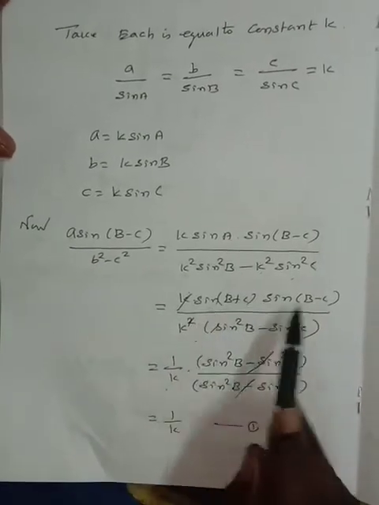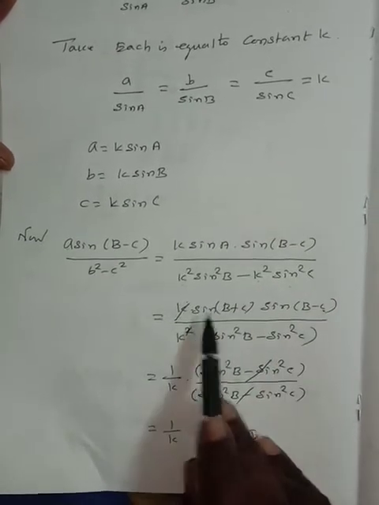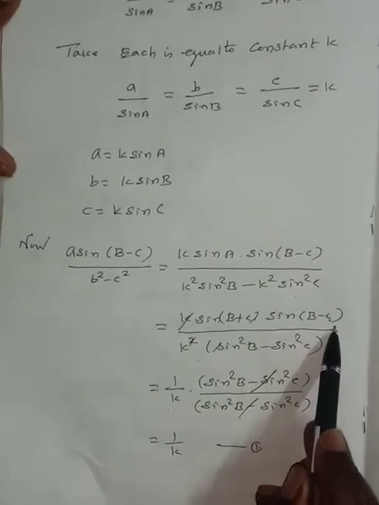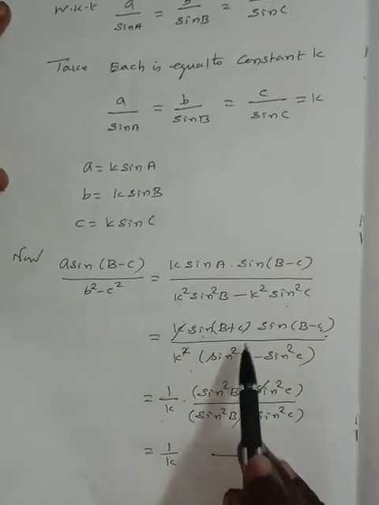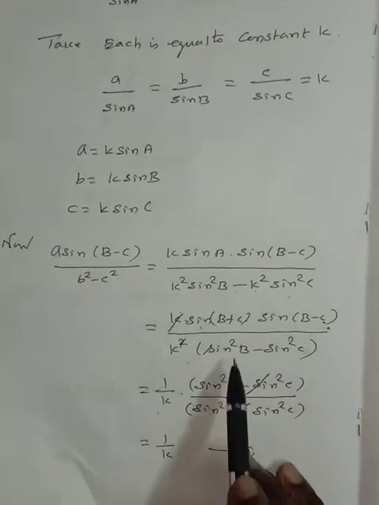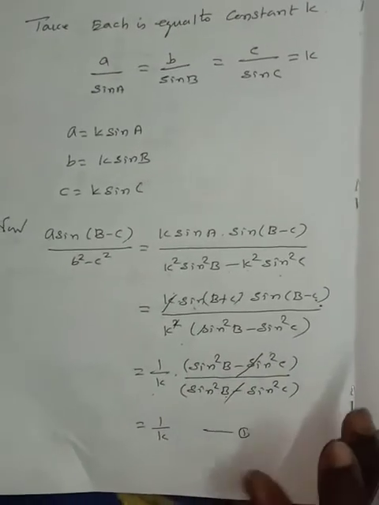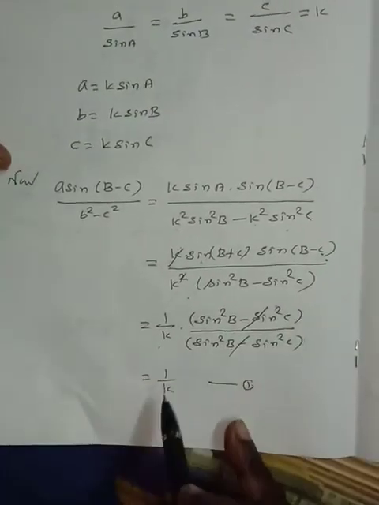We know that sin (b plus c) into sin (b minus c) is sin square b minus sin square c, whole divided by the denominator sin square b minus sin square c. Cancelling numerator and denominator sin square b minus sin square c, we get 1 by k.